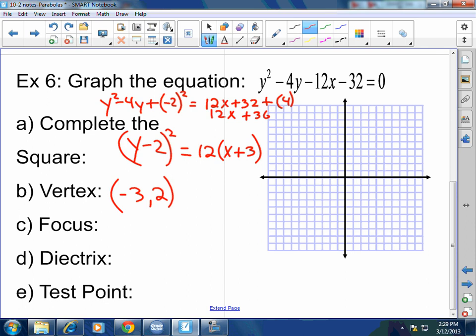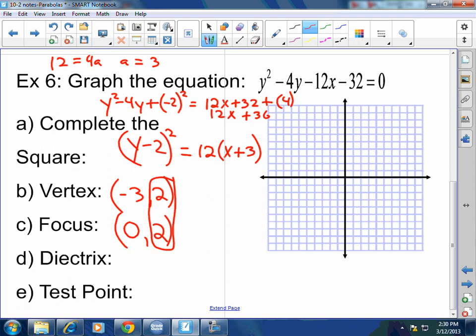Okay? My focus will be (0, 2). Please remember that the focus for a y squared is (h plus a, k). Remember the k stays the same here. And your h is negative 3, okay? And my a in this case, if I have 12 equals 4a, my a equals 3, so negative 3 plus 3 is 0.